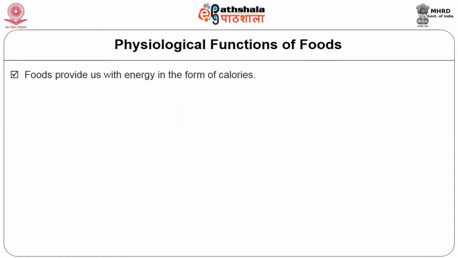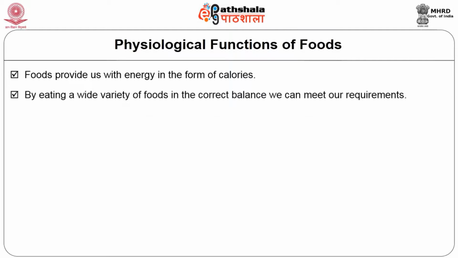Foods provide us with energy in the form of calories, and they effectively act as a fuel that powers our bodies and enables us to function normally. Some foods provide us with more energy than others, but by eating a wide variety of foods in the correct balance, we can meet our requirements.